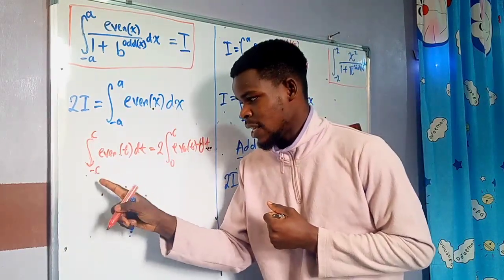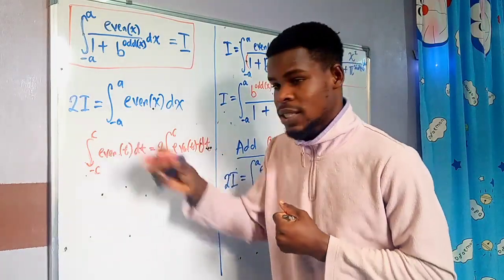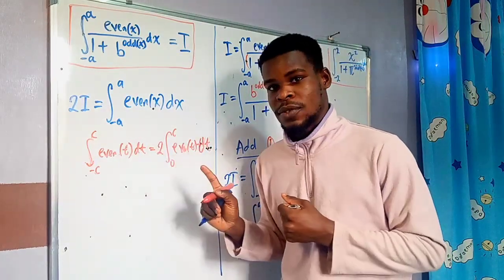So that is just like saying you cut the interval into 2 equal parts. From negative c to c is the same thing as from 0 to c if you multiply it by 2.